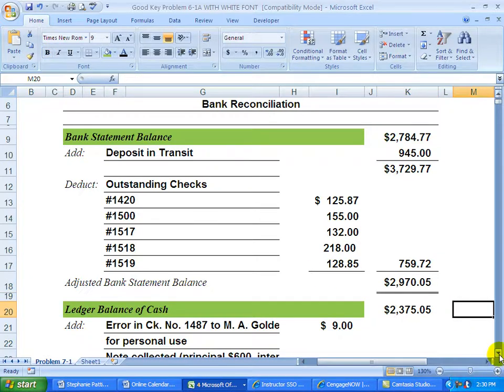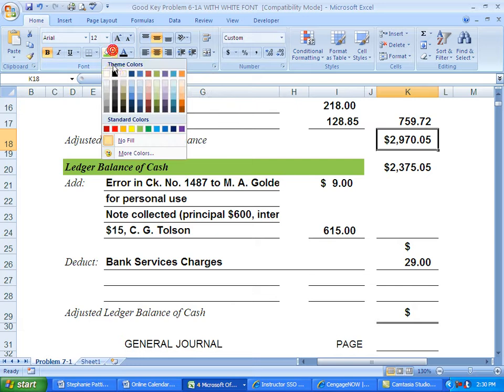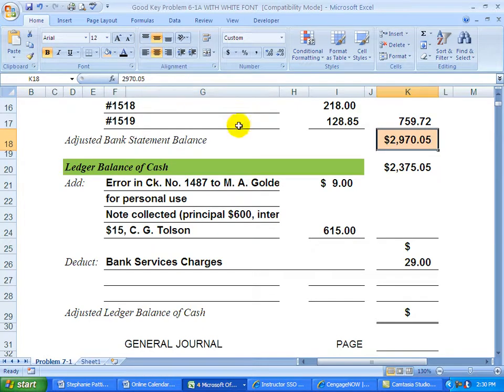Okay? So we're hoping that when we do our cash balance here, what we get down here will equal what we have here. So if we take this addition of $9 and $615, if we add those two together, we're going to be adding $624. We're going to be adding that to this number up here.